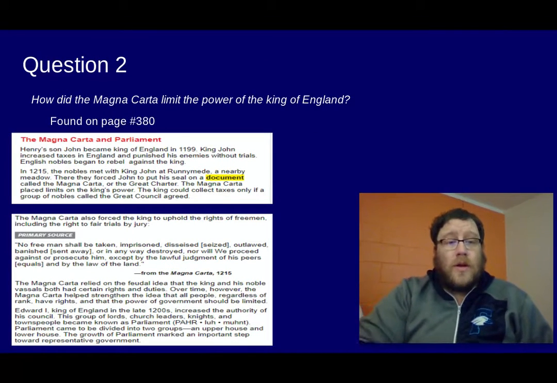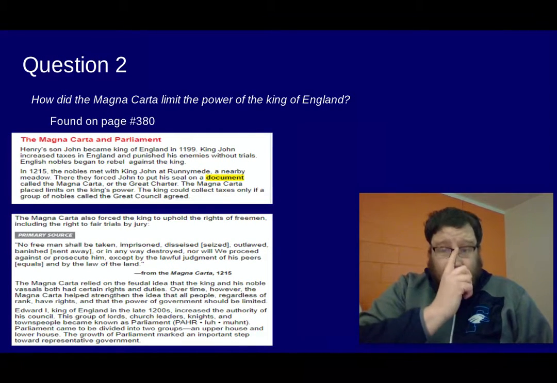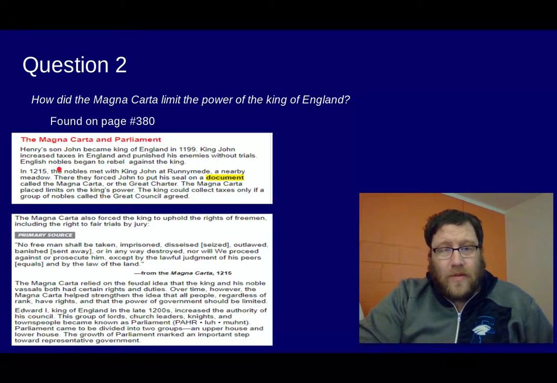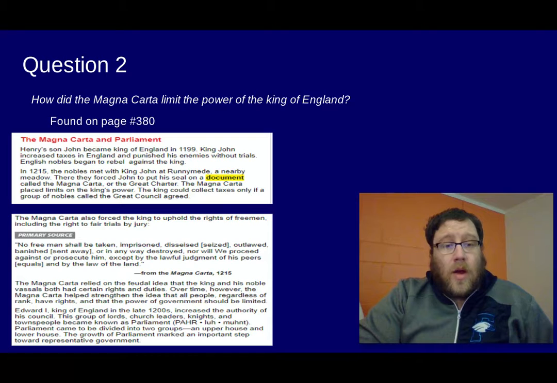Question 2. Sorry, this text is stretched out, but it was small. It says, how did the Magna Carta limit the power of the King of England? So, this is on page 380. You'll read here that in 1215, the nobles met with King John at Runnymede, a nearby meadow, and they forced John to sign a document called the Magna Carta, or the Great Charter.